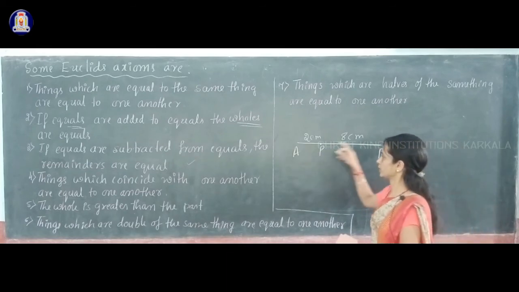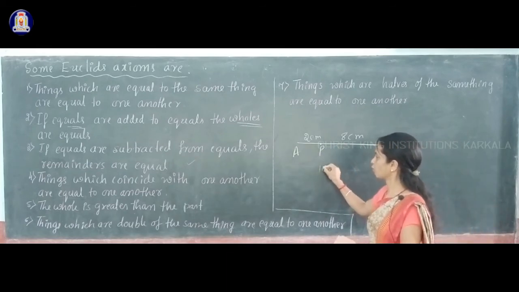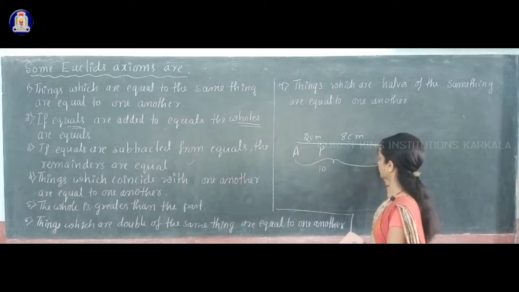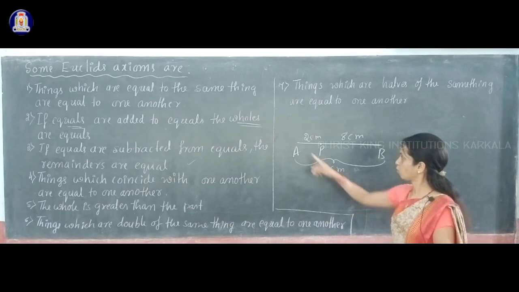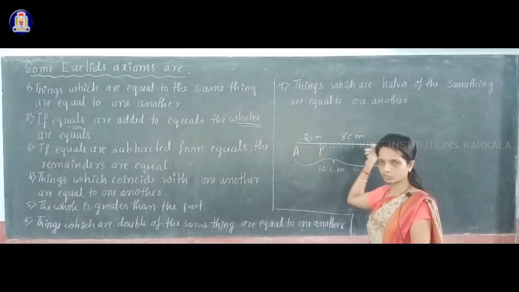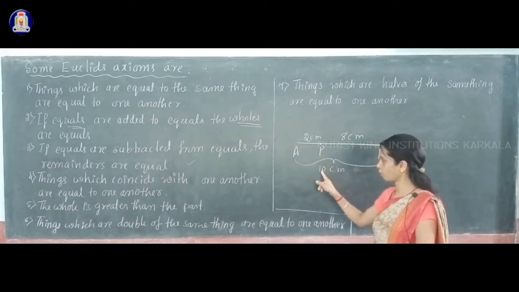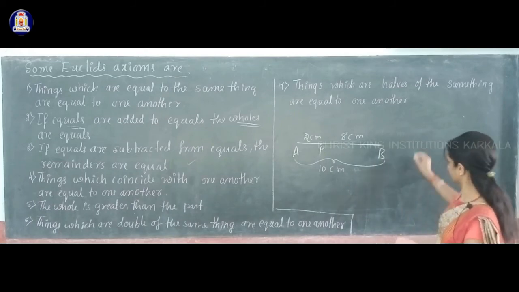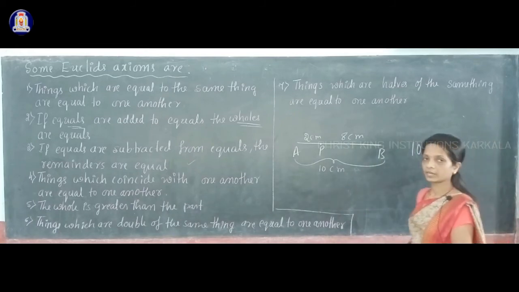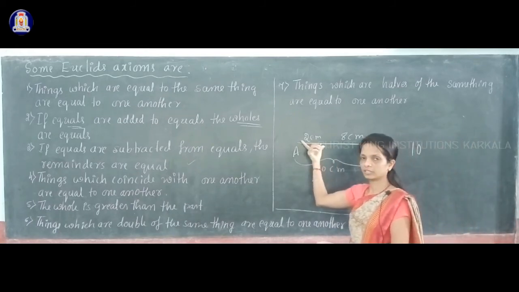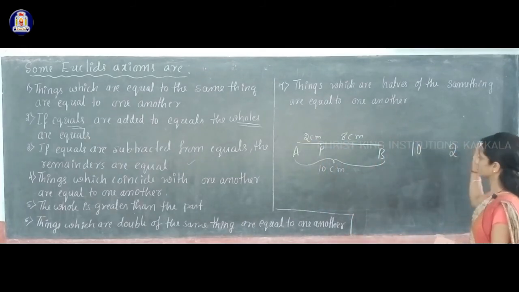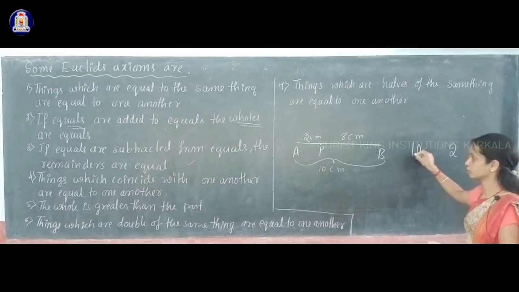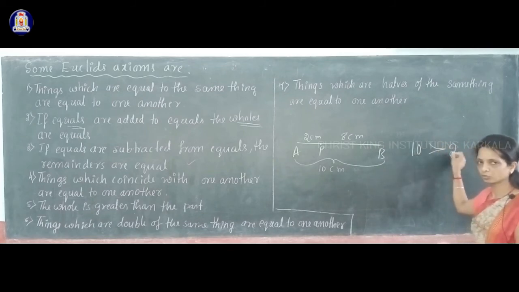So now the total AB is of length 10 centimeter. Now whole means the full straight line, whose length is 10, right? And now you take a part of that line, that is 2 centimeter. Now is 2 centimeter bigger or 10 centimeter bigger? 10 is bigger than 2, right?